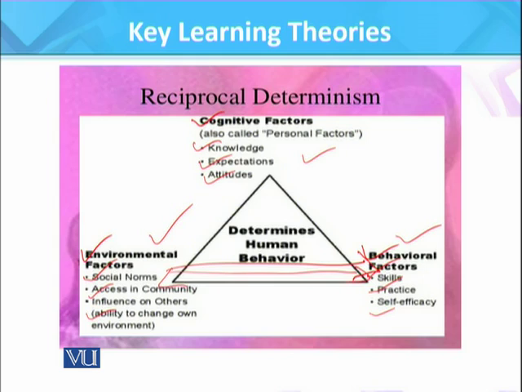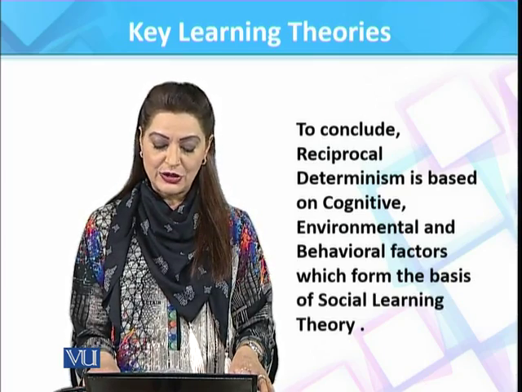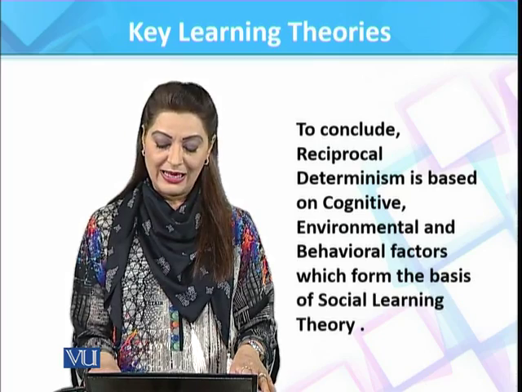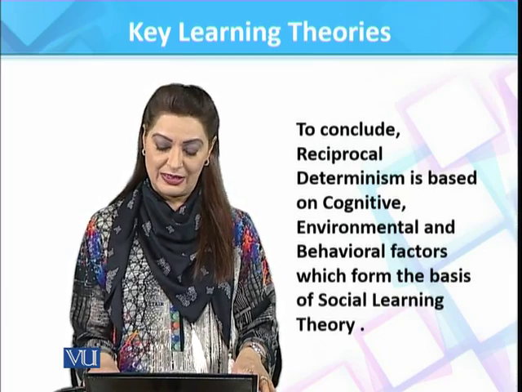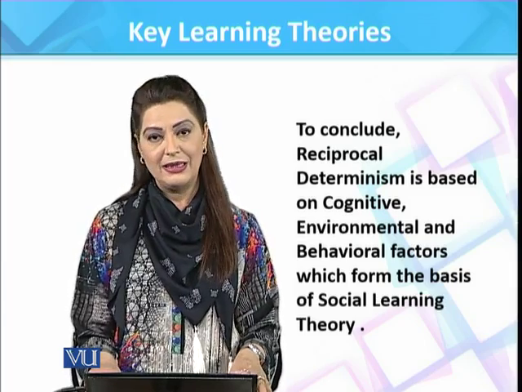So all these factors are determinants and they are interdependent. All three are interdependent on each other. To conclude, reciprocal determinism is based on cognitive, environmental, and behavioral factors, which form the basis of social learning theory.